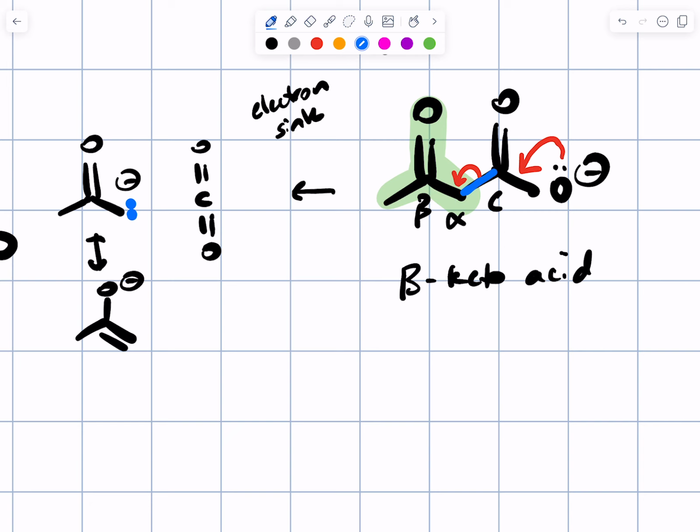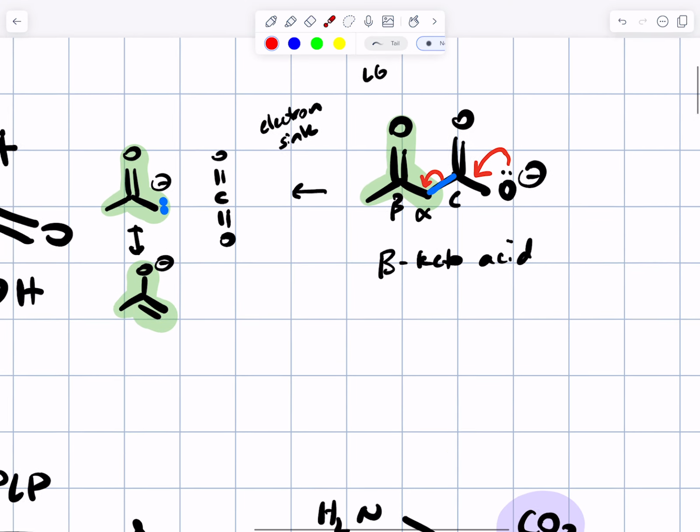And you've spent a whole semester and a half learning about what stabilizes negative charges, what stabilizes electrons. Resonance is one of those things. So you can tell when decarboxylation is a possibility when the thing in green that gets kicked off is resonance stabilized. So you saw some examples of that last time.